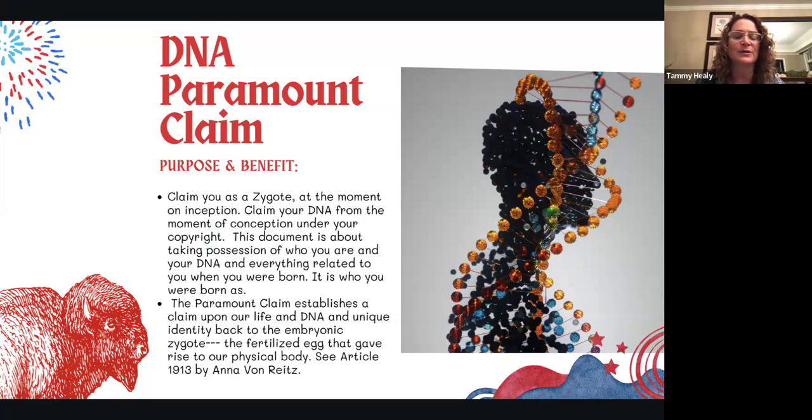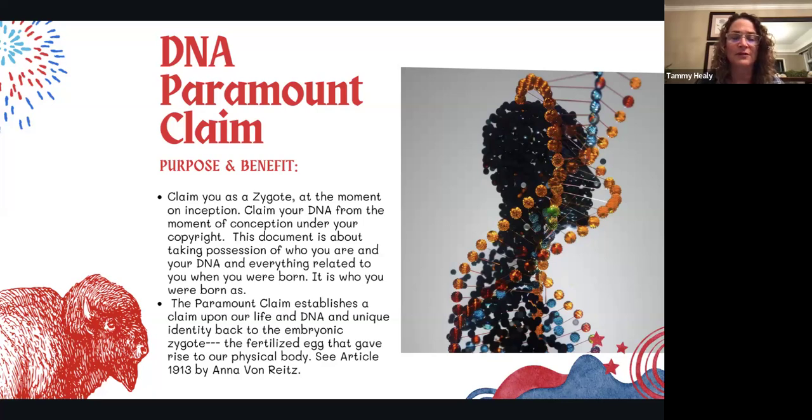This document is about taking possession of who you are and your DNA and everything related to you when you were born. It is who you were born as. The paramount claim establishes a claim upon your life and DNA and unique identity back to the embryonic zygote, the fertilized egg that gave rise to our physical body.